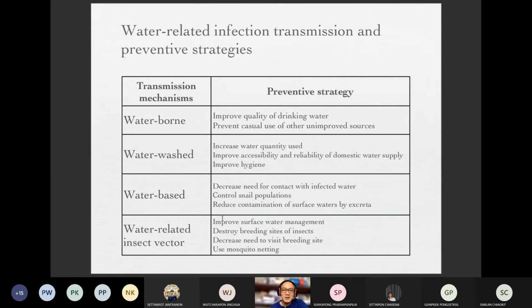Talking about the preventive strategies. If we want to minimize the disease caused by the waterborne mechanism, what we can do is improve the quality of drinking water. Chlorine needs to be present in the tap water at the point of use.